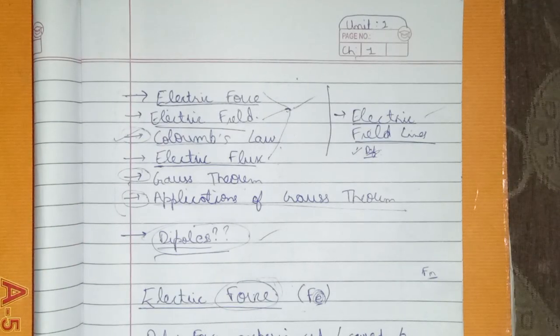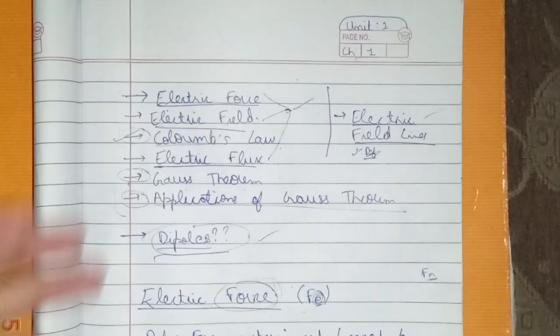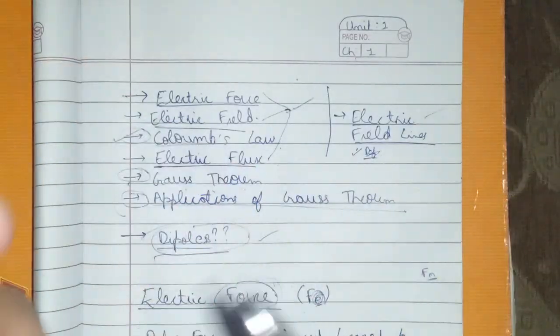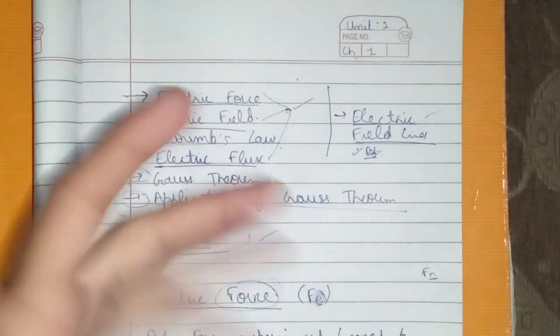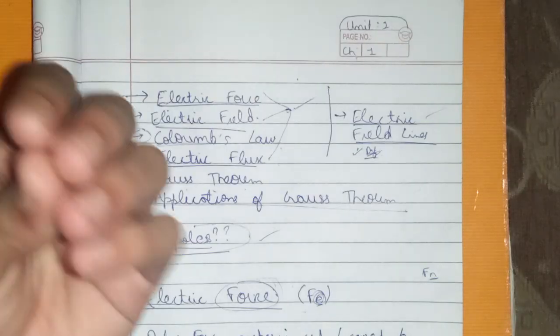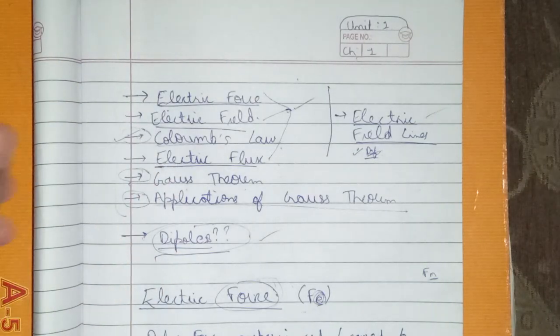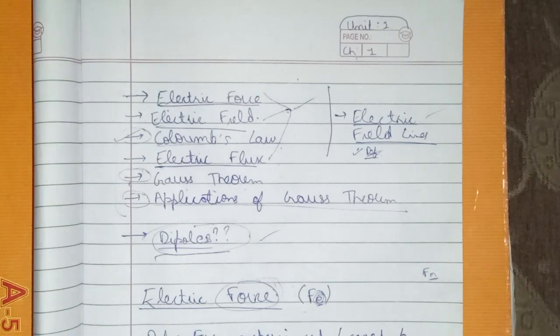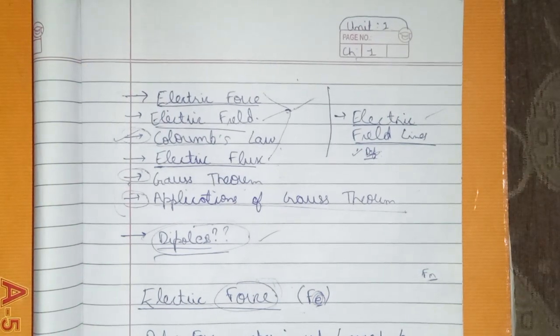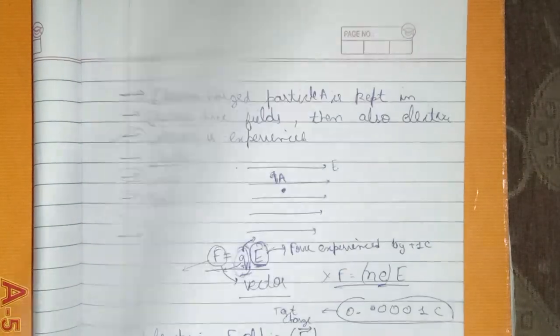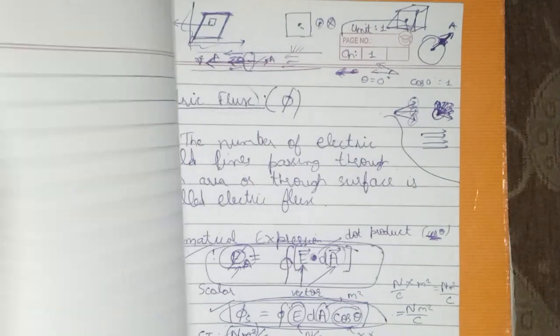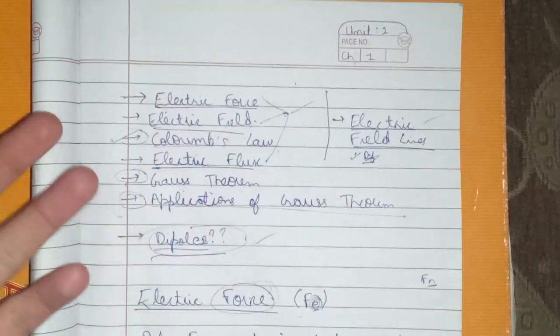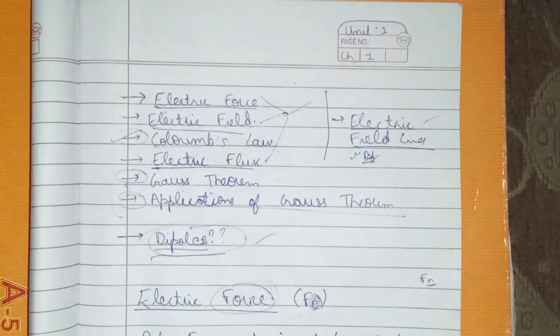It's so basic that most people waste their complete year on Coulomb's law. Most people solve JEE Main problems, JEE Advanced problems, heavy problems on Coulomb's law and even on electric field, and after that nothing happens. They don't have any clue of electric flux, Gauss theorem, dipoles.